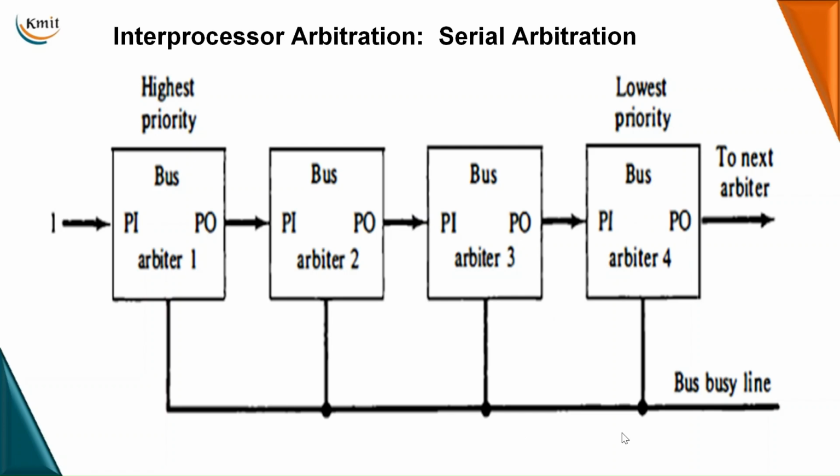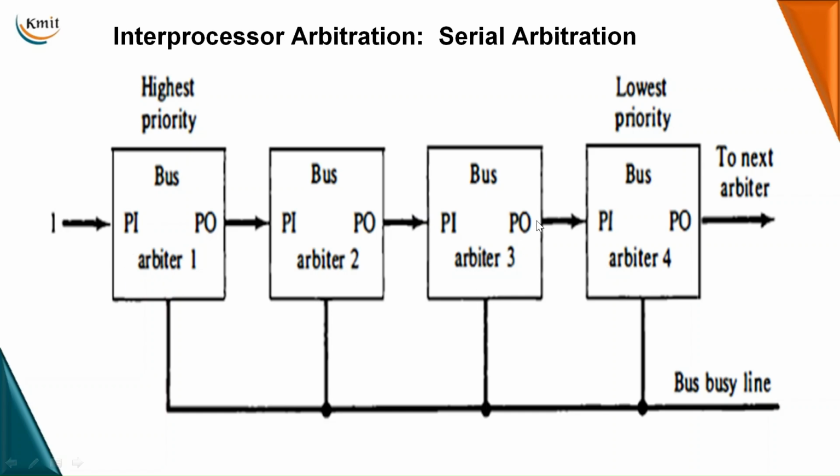Coming to the advantages of the serial arbitration technique, it is very simple to design and requires fewer control lines. Only one control line is required to connect these units, so the number of control lines used here is very small. But coming to the disadvantages of this technique, the priority depends upon the physical location of the device. Whichever device is first will always be given a high priority.